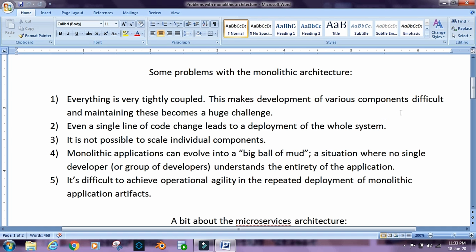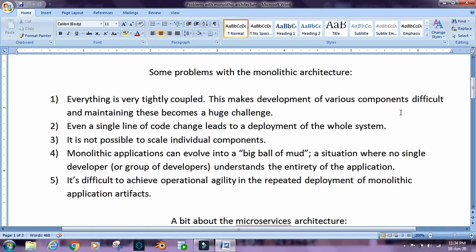And the fifth point is, it's difficult to achieve operational agility in the repeated deployment of monolithic application artifacts. As we have already stated, it becomes difficult to achieve the agile methodology of software development using monolithic architecture, because things are so tightly coupled that even if a component doesn't need any change or a deployment, it has to be deployed just because there are other parts attached to it, and the application acts as a whole.